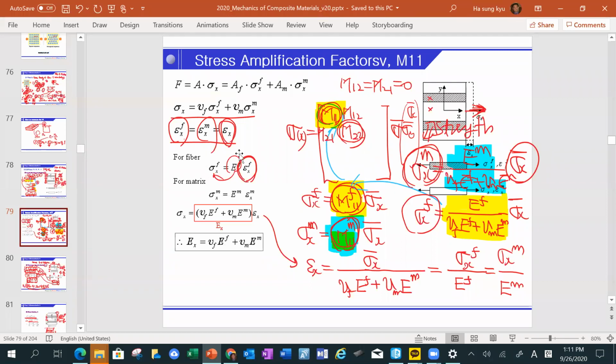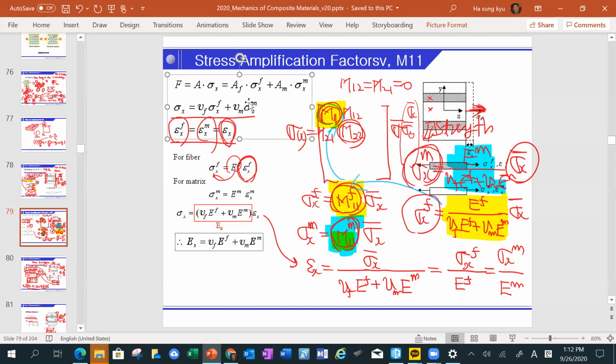This was stress amplification factors for UD in one direction, and we use the rule of mixtures for x-directional stresses, and in x-directional strain, fiber and matrix strain are the same as the UD fiber-directional strain.